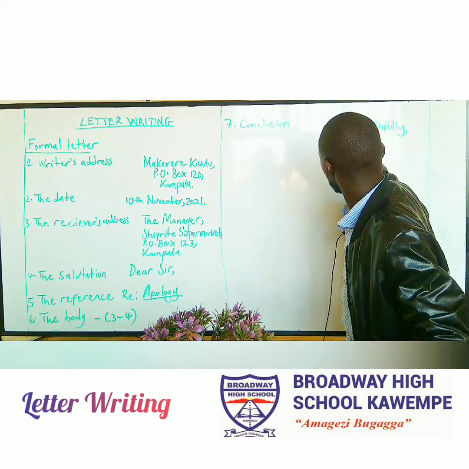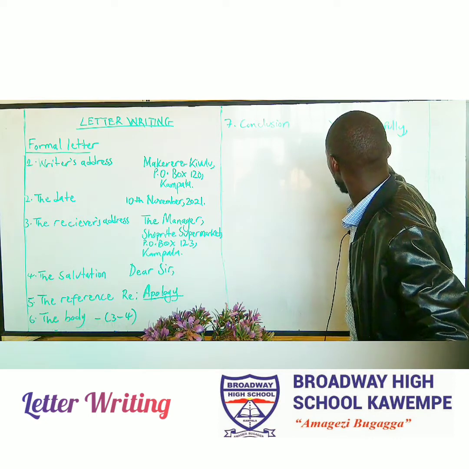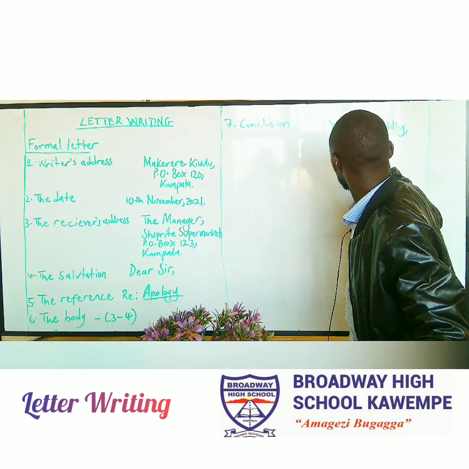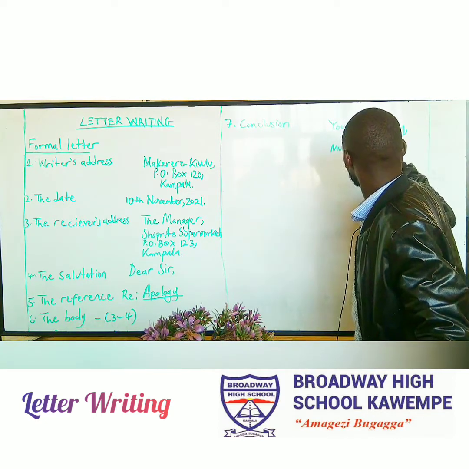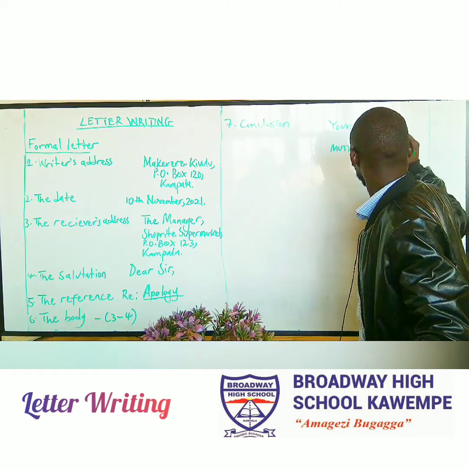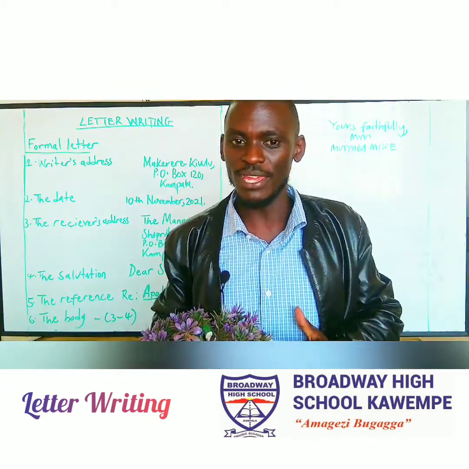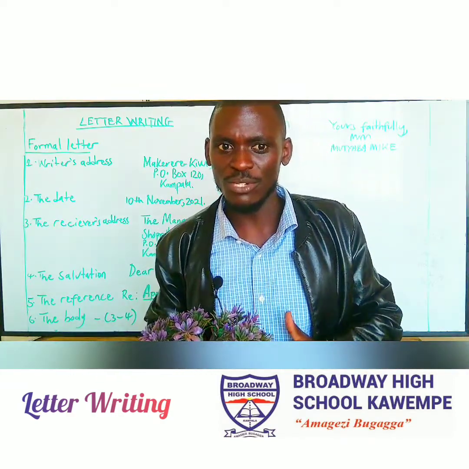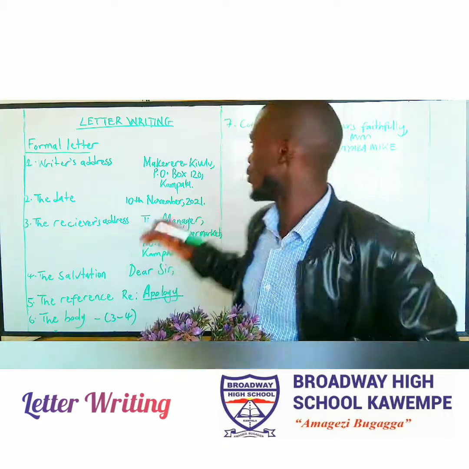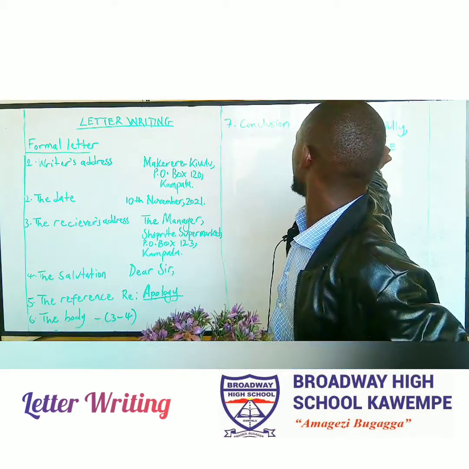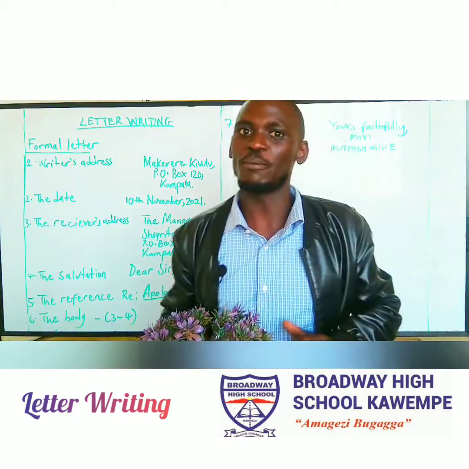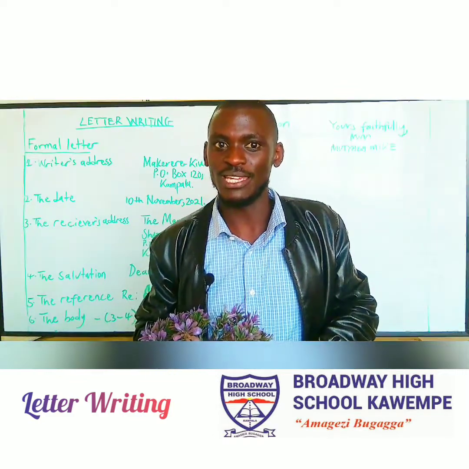Then you can have the name, Mutiaba Mike, and the name should be presented in capital letters. Reason being that some people that do not have signatures can use the lowercase as their signature. So the name should be presented in capital letters.